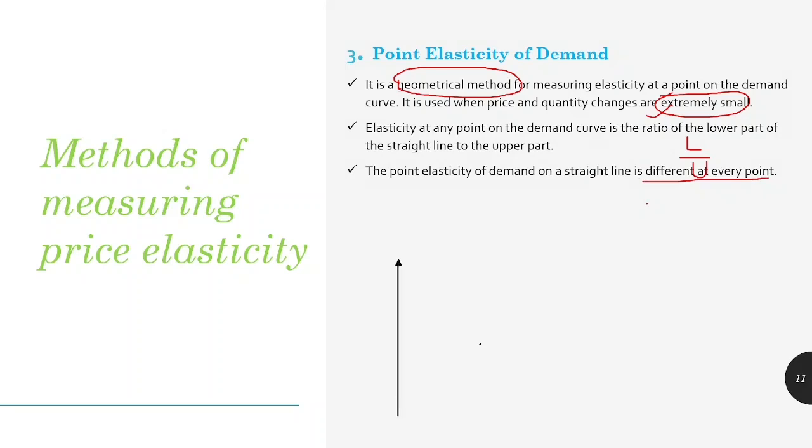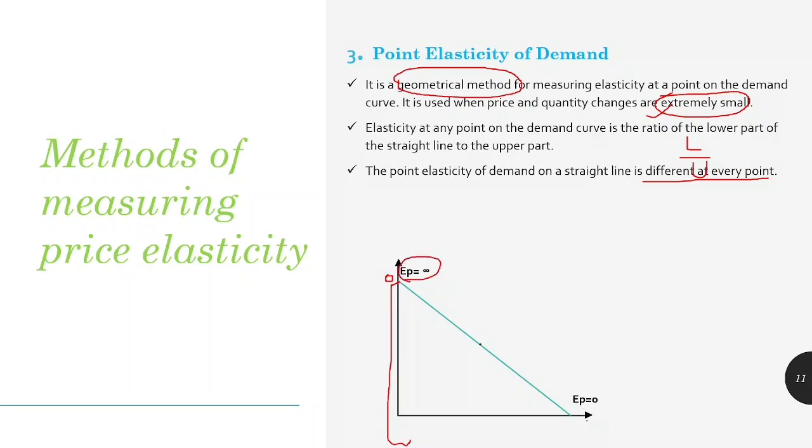So we can look at this. What does this mean graphically? So this is your price and quantity. Now when we look at the upper portion, here EP is infinite. Why? Because the lower part is larger, and on the upper part the quantity is 0. So therefore EP comes out to be infinite.